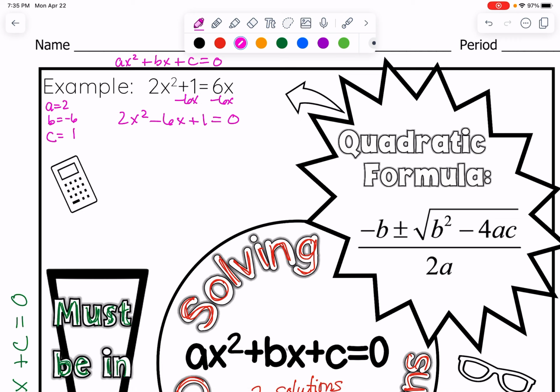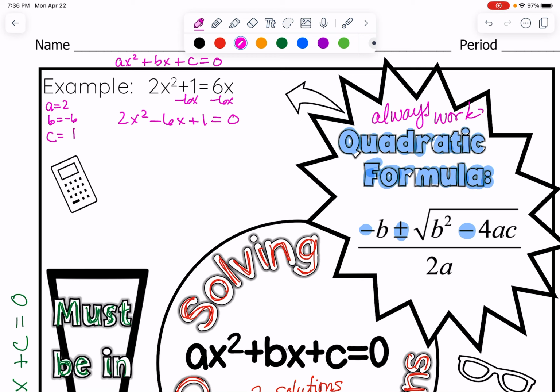Now that I have that, we're going to use the quadratic formula. The quadratic formula is a formula that always works. There are other methods for finding solutions to quadratic equations, but this is one that always works.